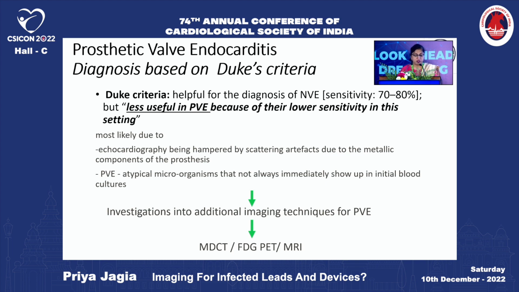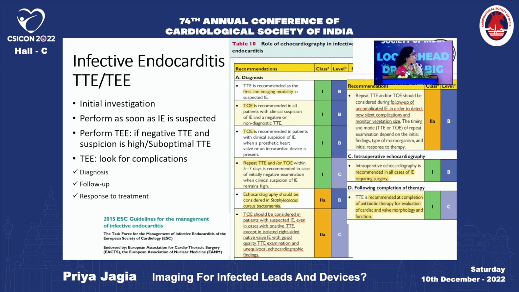In these patients, echocardiography is hampered by scattering artifacts from the metallic component of the prosthetic valve, and organisms may not immediately show up in your initial scan. This will delay your antibiotic treatment. So when you have a strong clinical suspicion, you add either MDCT, PET or MRI, as the case may be. I'll be taking you through which investigation to order and when.